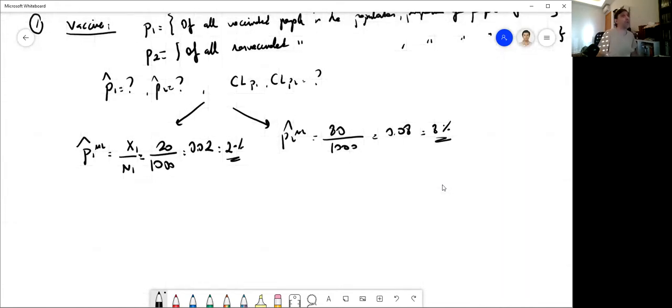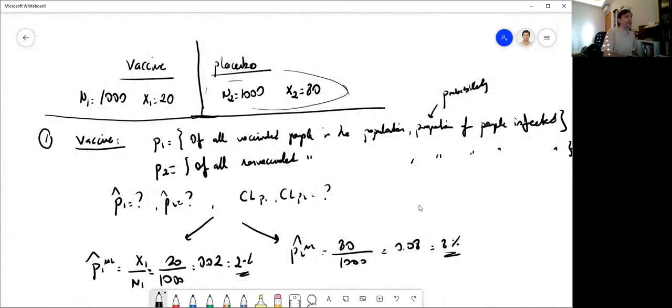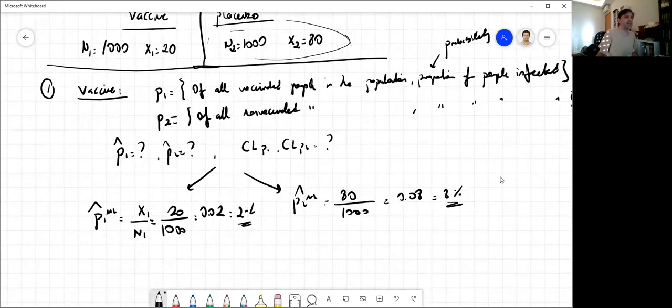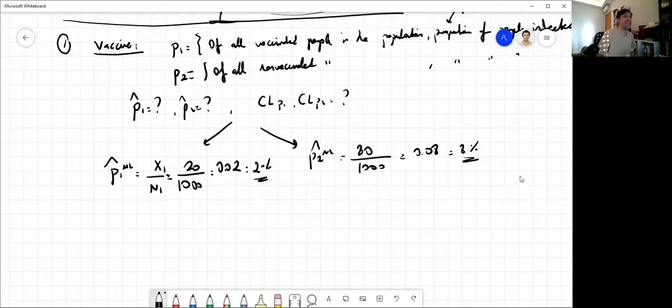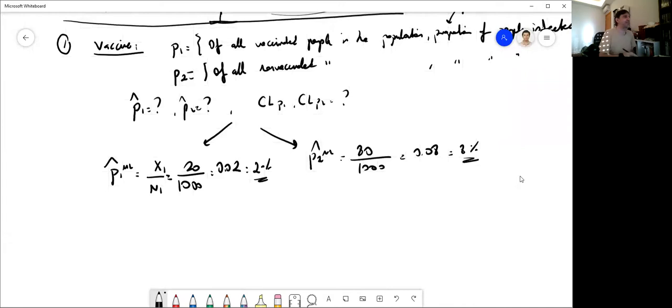But note that they are point estimates, and given some different 1000 people here for the vaccine and placebo trials, different numbers of x1 and x2 values could have come out. Therefore, different estimates of P1 and P2 could have come out. So the confidence interval concepts deal with that sampling variance issue.